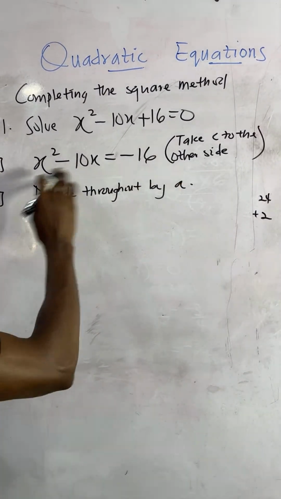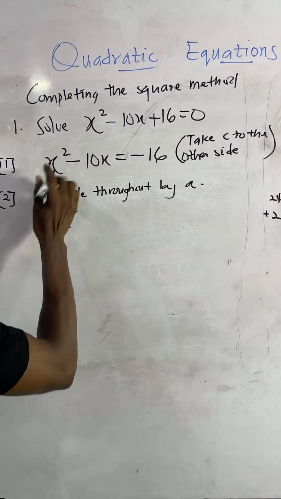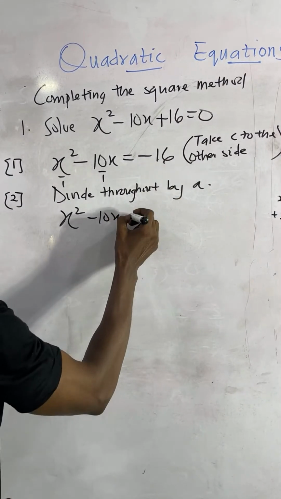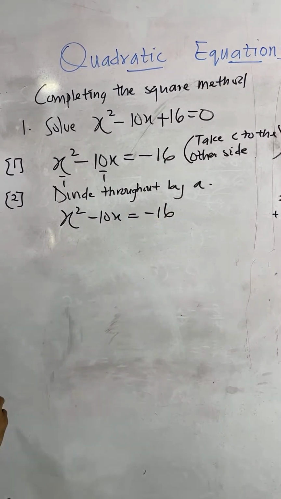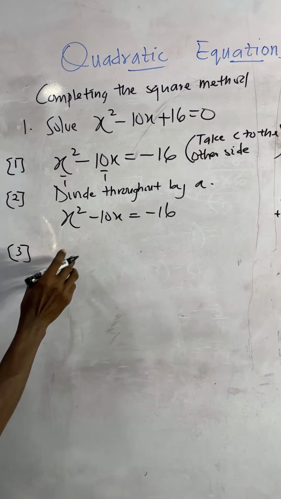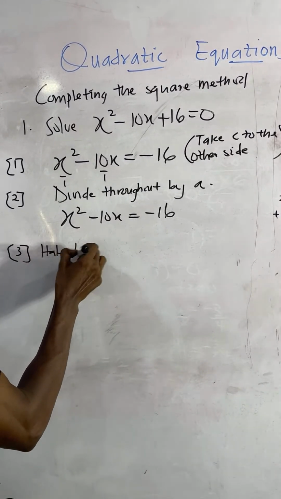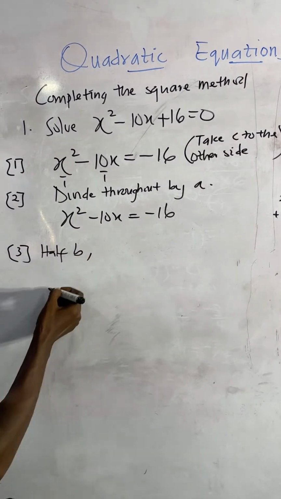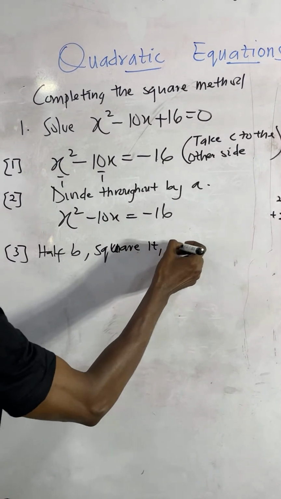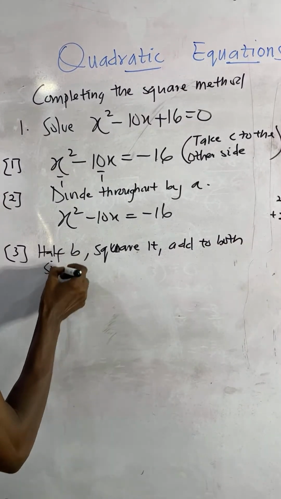So if we do that, we'll get the same thing. So we still have x squared over 1 is still x squared, minus 10x over 1 is still minus 10x, and minus 16. So the third step is to half b, square it, and add to both sides.